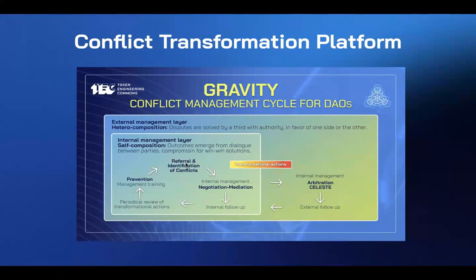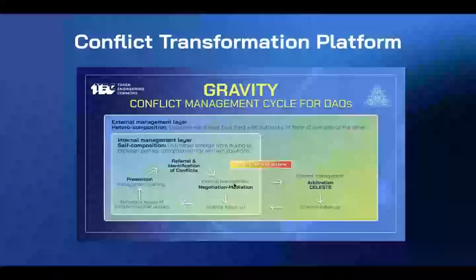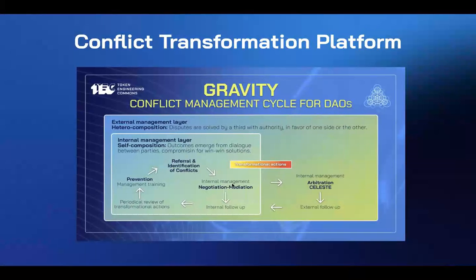And here we have the referral and identification of conflicts. Within this self-composition layer, if the conflict can be solved within the internal management, it only goes to follow-up and a review of a transformational action, and it can stay in the internal management layer.